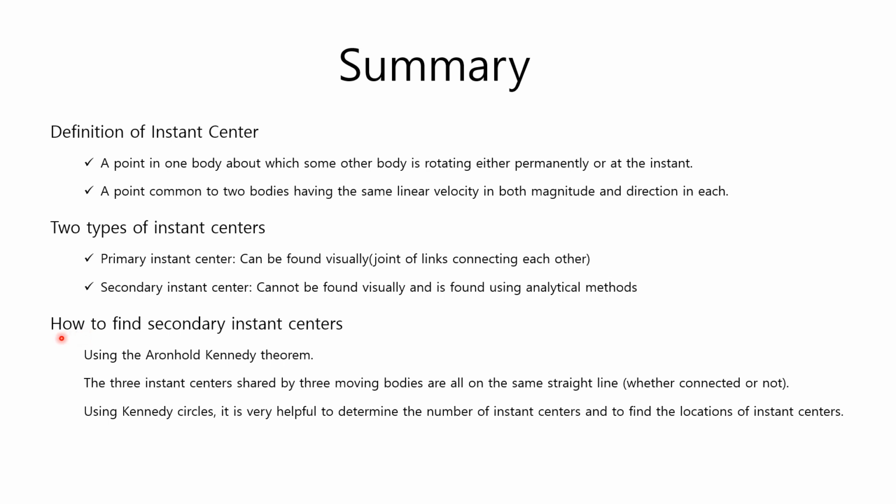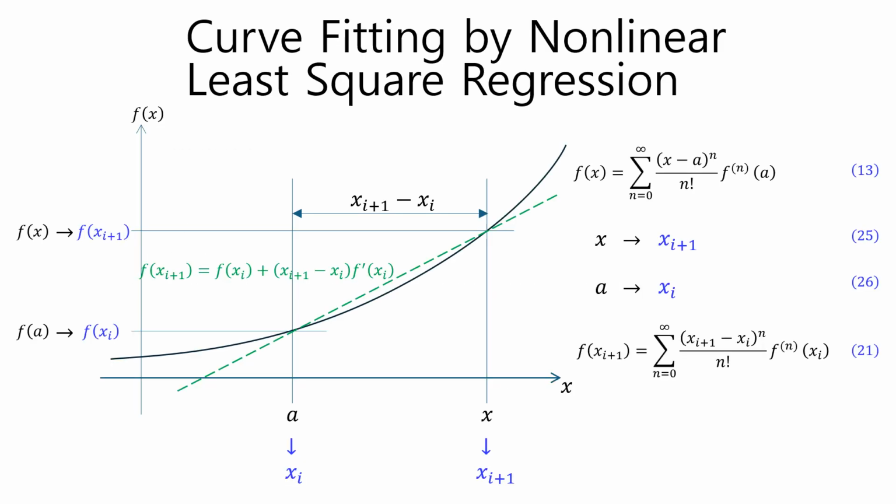To find secondary instant centers, the Aronhold-Kennedy theorem should be used, which states that the 3 instant centers shared by 3 moving bodies are all on the same straight line whether connected or not. Using Kennedy circles is very helpful to determine the number of instant centers and to find the locations of instant centers. If you watch the previous videos, you can learn about various fields of automotive knowledge and enjoy a more in-depth understanding of future videos.